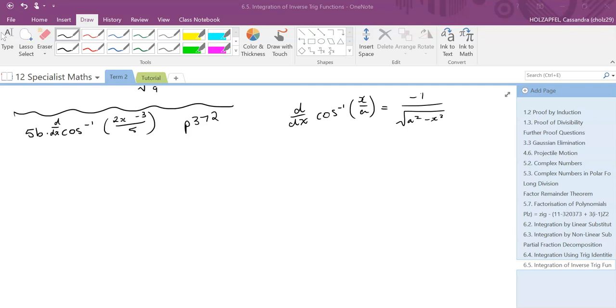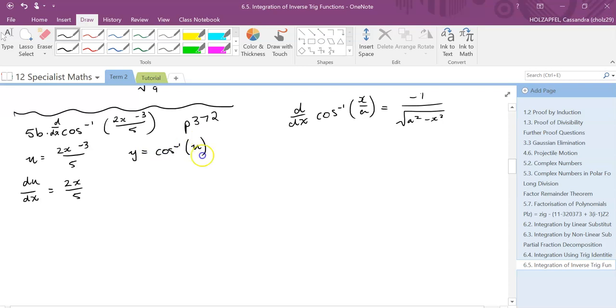Just to make this a little bit easier for myself, I'm going to use the chain rule, and I'm going to let u equal the inside function, and I'm going to find the derivative of u with respect to x, and that is going to be 2x over 5. The next thing I'm going to do, let's rewrite this as y is equal to the inverse of cos of u.